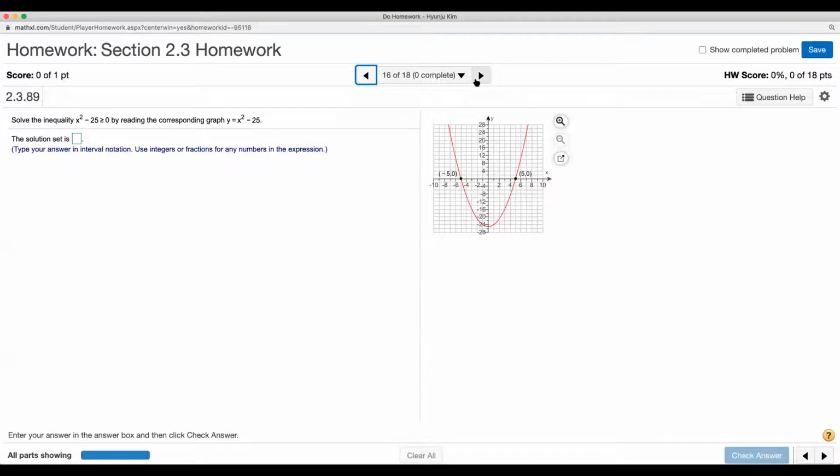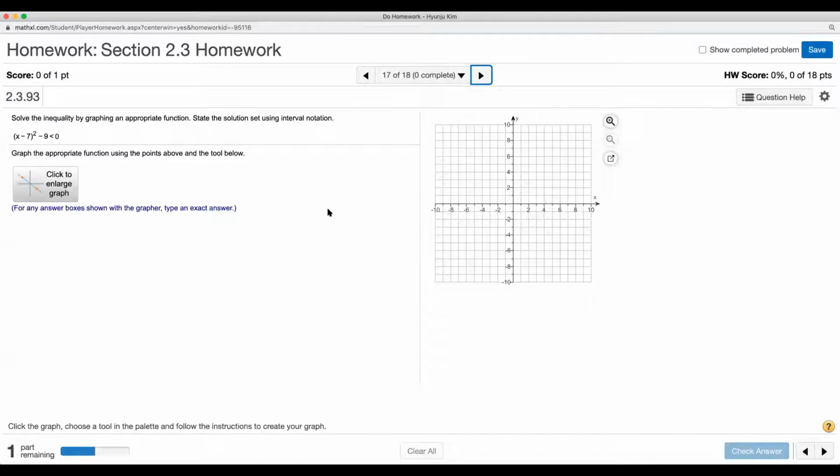Oh, by the way, the problem asks you to plot the graph, right? So give me a second. Let me try to plot the graph.